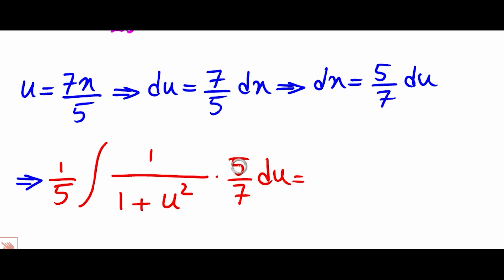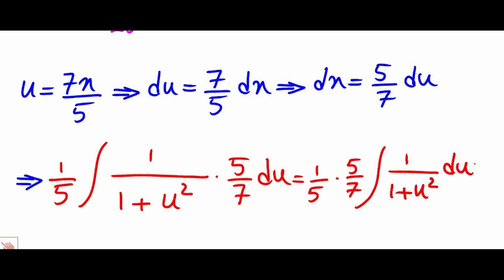And we know that 5 over 7 is a constant, so 1 over 5 times 5 over 7 times the integral of 1 over 1 plus u squared du.